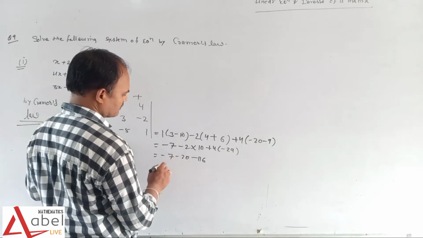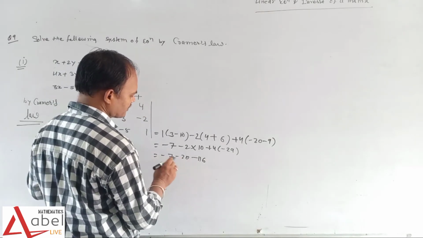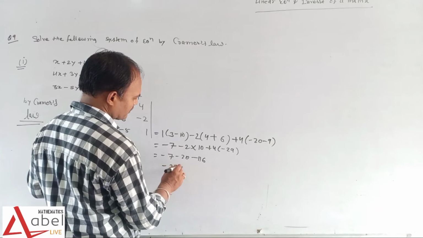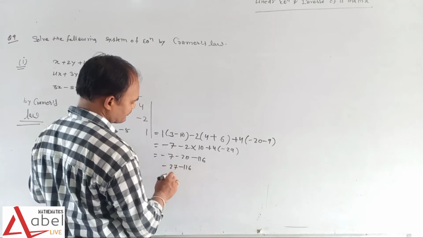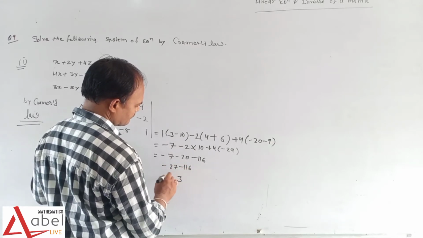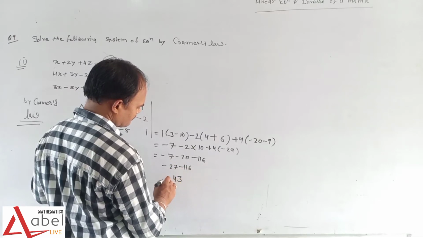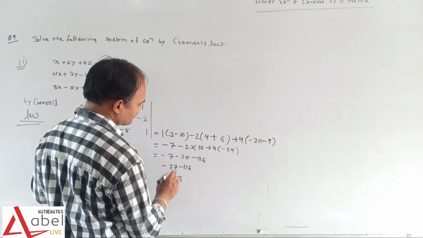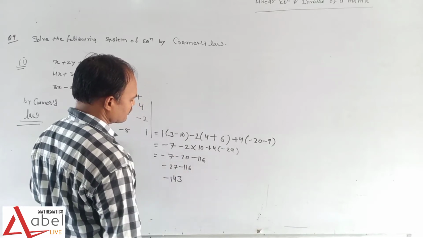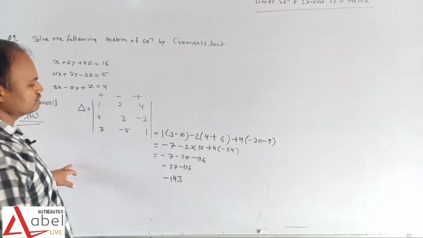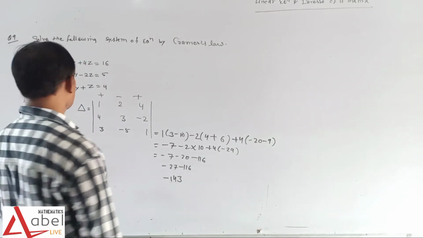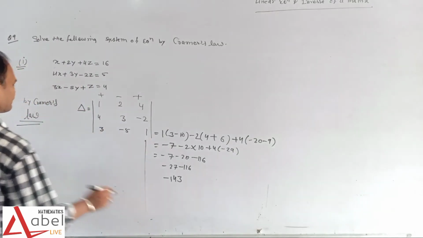So it is a minus 116, it is a minus 7, minus 27 and a minus 116. So we can say that it is minus 143. So students, it is minus 143. Now we have to find the value of delta.